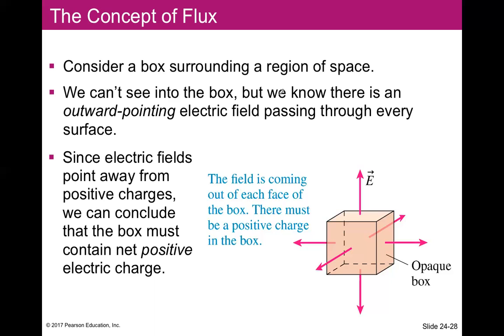There will be some field lines going out. Then for each surface, you have some field lines. If you sum all of those field lines coming out from the box, then you can calculate the flux. And from this electric field line distribution, you can recognize that the net charge inside the box is positive.